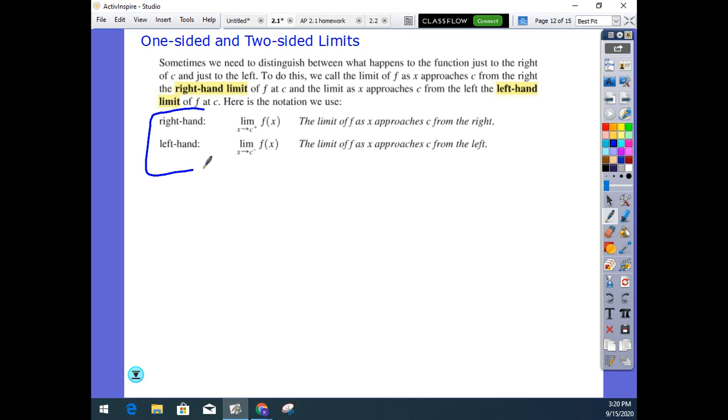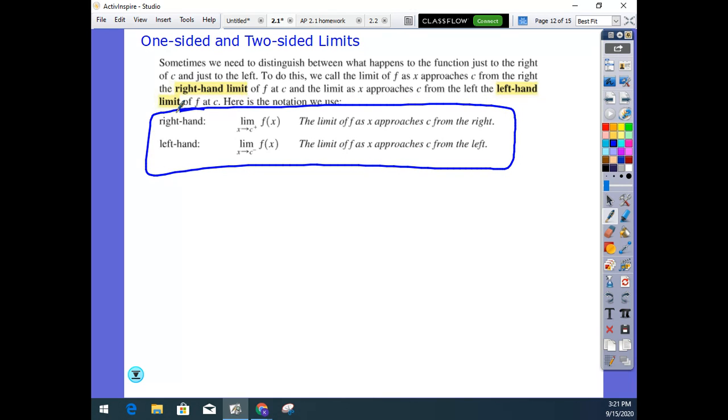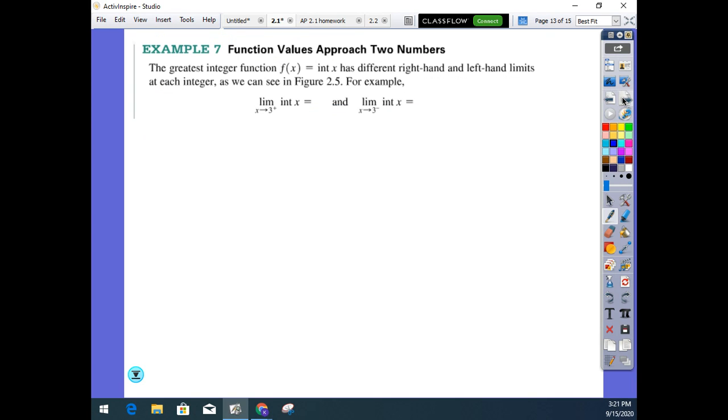So I would copy this part into the notes. And if you can't tell, this is a plus and this is a minus superscripted in the exponent position. Right has a plus sign, left has a minus sign. And let's investigate what that looks like.